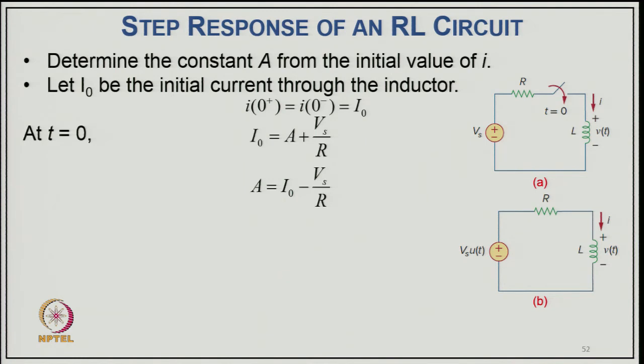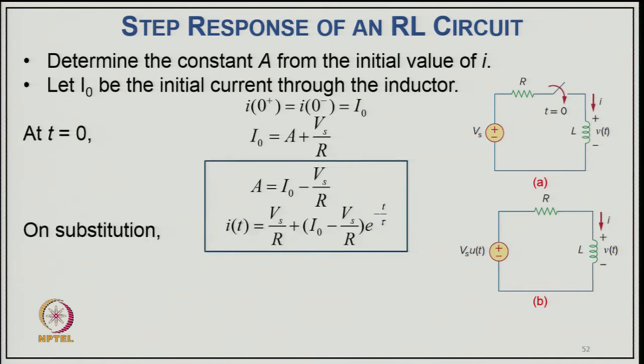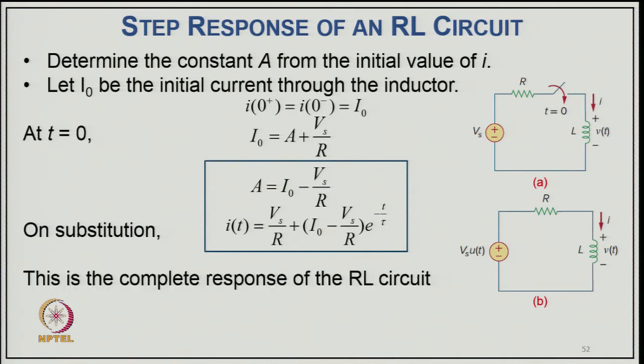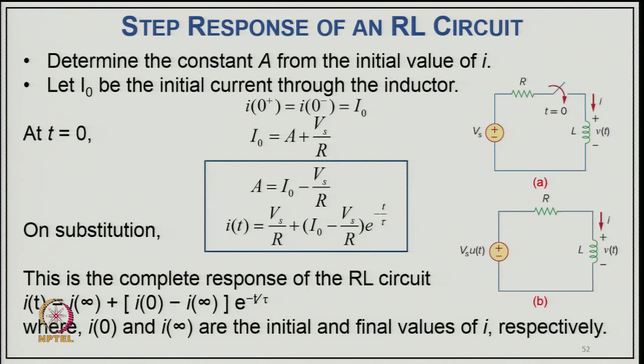At time t = 0, I_0 = A + V_s/R, and then A becomes I_0 - V_s/R. On substituting this value of A into that equation, i(t) becomes V_s/R + (I_0 - V_s/R) e^(-t/τ). And this is the complete response of the RL circuit, which we discussed in a similar manner as we discussed earlier for the RC circuit.